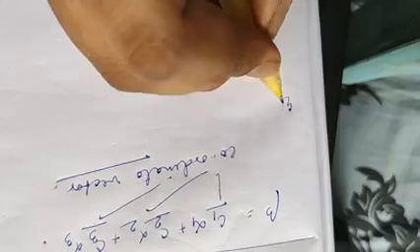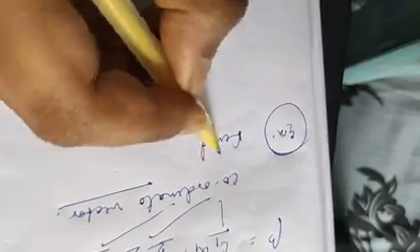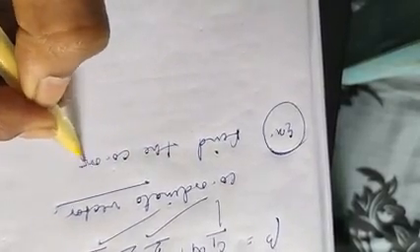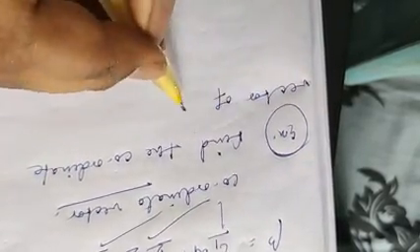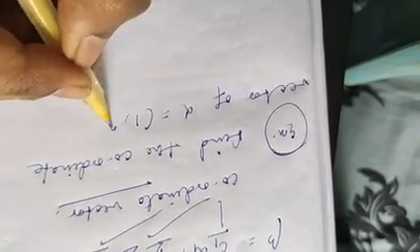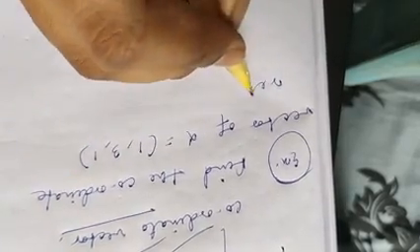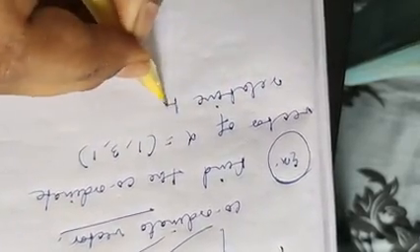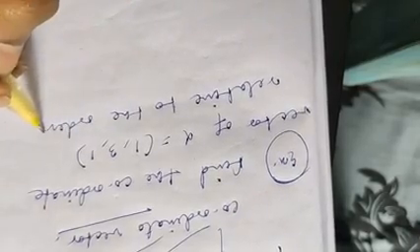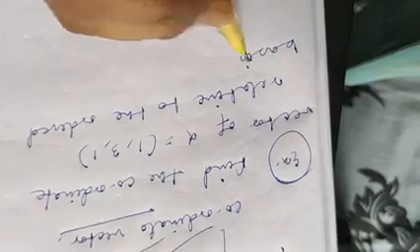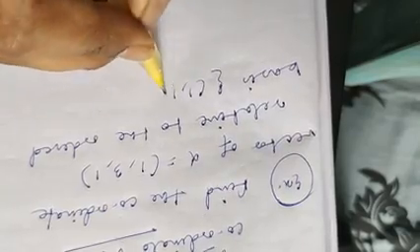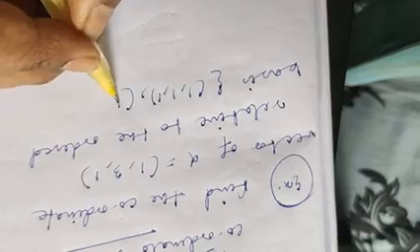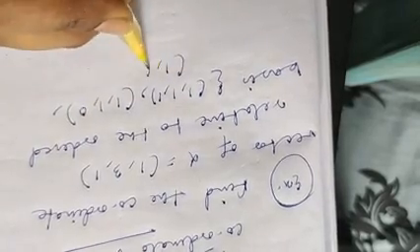Okay, so let's do an example. Find the coordinate vector of alpha equals (1, 3, 1) relative to the ordered basis (1, 1, 1), (1, 1, 0), (1, 0, 0).